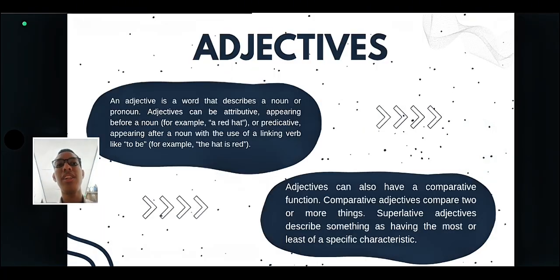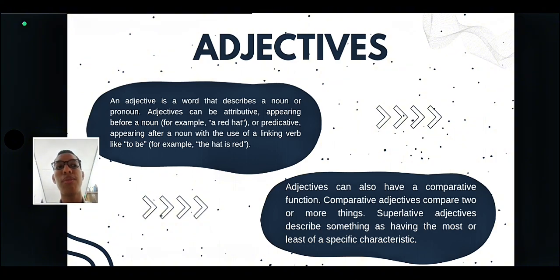Adjectives. An adjective is a word that describes a noun or pronoun. Adjectives can be attributive, appearing before a noun, or predicative, appearing after a noun with the use of a linking verb, like to be. Adjectives can also have a comparative function.